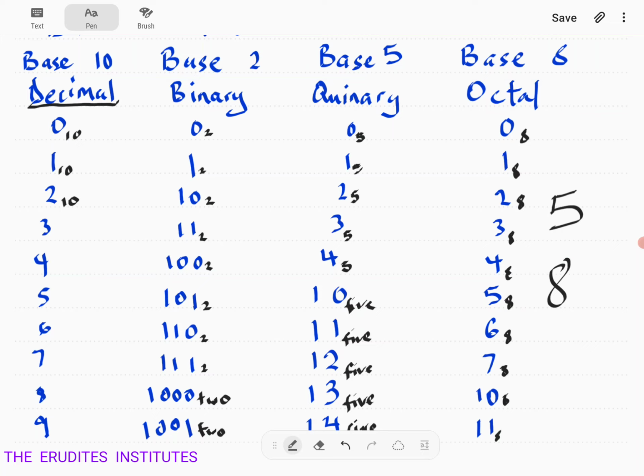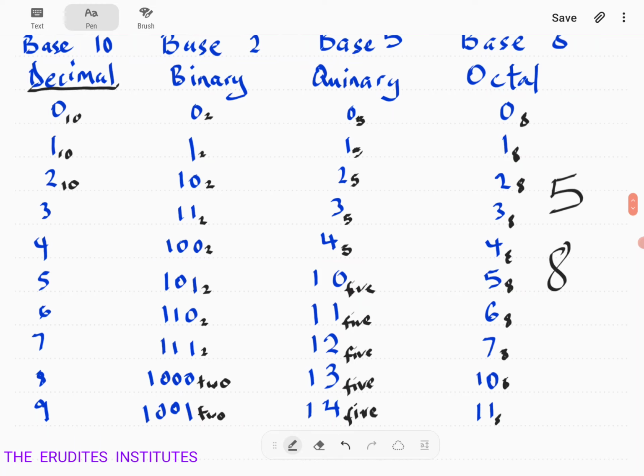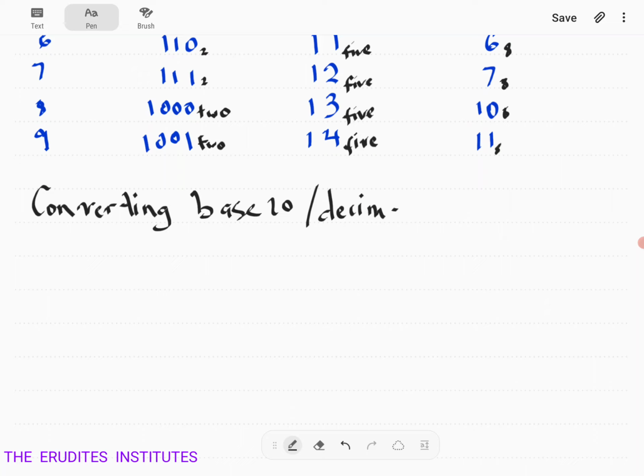So what we're going to learn next is we will pick numbers in base 10 and try to convert these numbers from base 10 to other bases. So that is our next lesson, converting base 10 or decimal numbers to non-decimal numbers.